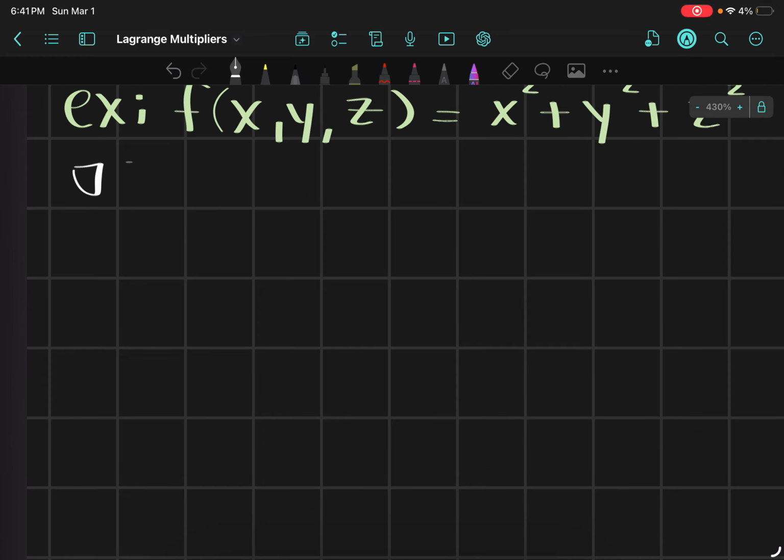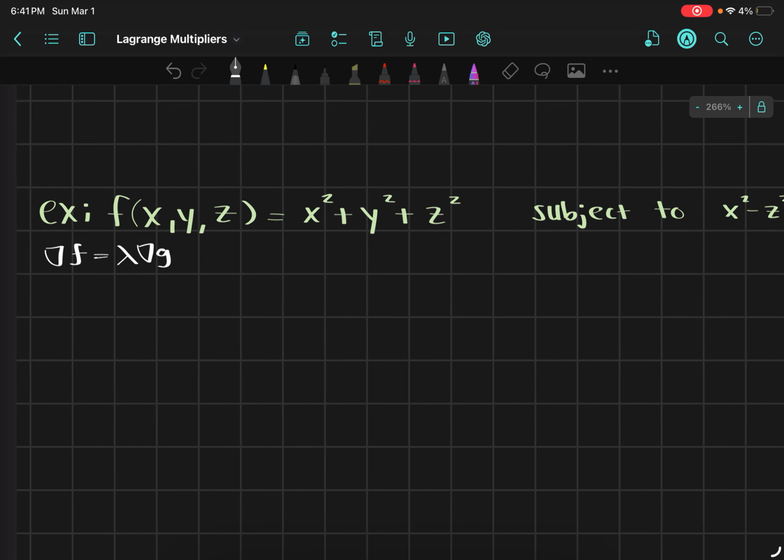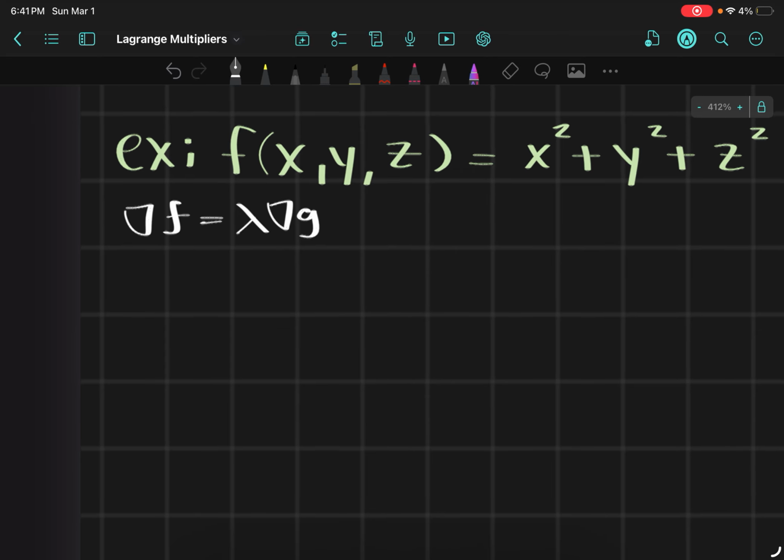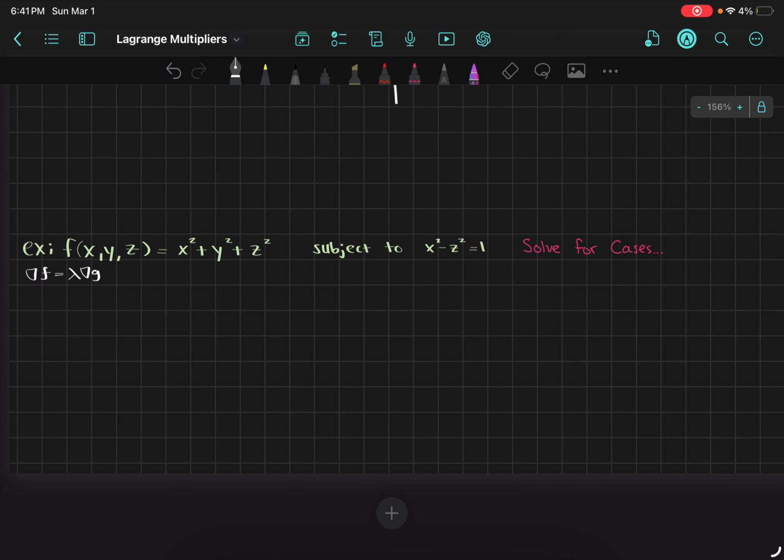We have the gradient of f is equal to lambda times the gradient of g, our Lagrange equation. Notice that this is in 3 variables here. Not too different, I suppose. Well, what are we asked to do here? I guess perhaps I didn't write that down.